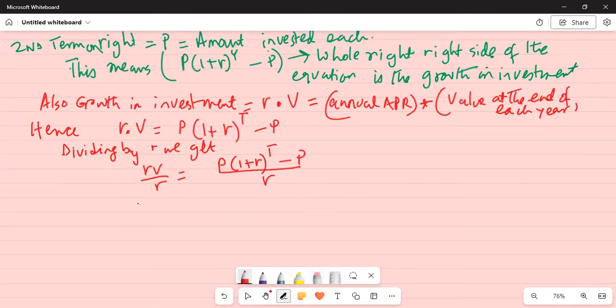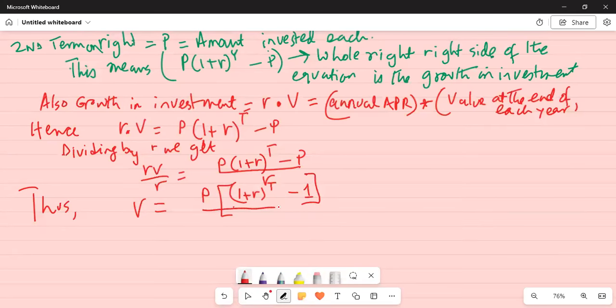V is equal to, thus, V is equal to P outside the parenthesis, (1 plus R) raised to the power of T minus 1, divided by R. And that's your original equation that I used.